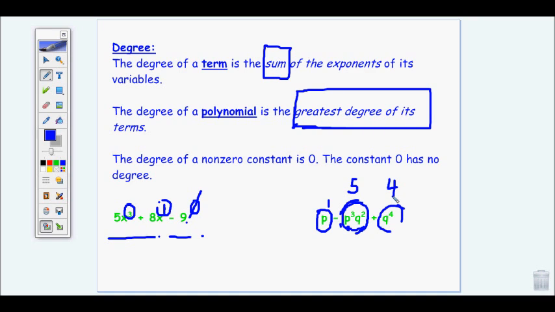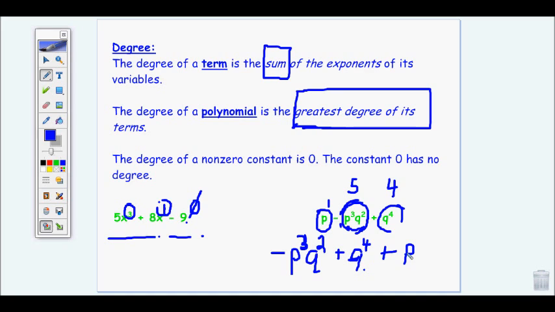So if I put that in degree order, I'm going to write it as p cubed q squared plus, remember the operational symbol goes with it, q to the 4th plus, this was a negative. I didn't see it with my circle there, plus p. So to write that in degree order, I would need to change that around.